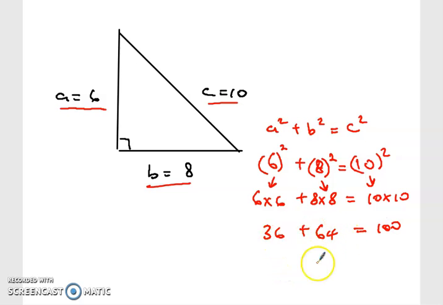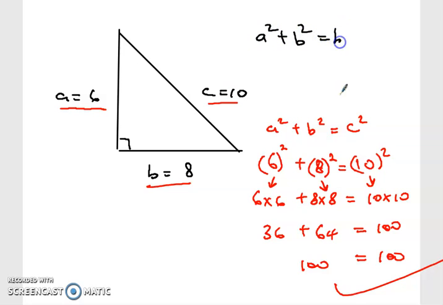And 36 plus 64 gives us 100, equals 100, which is also a true mathematical statement. So this is another example to illustrate the Pythagoras theorem.